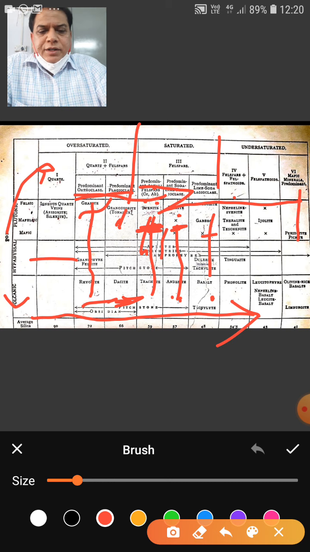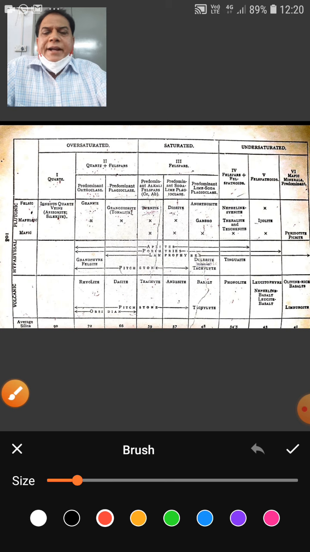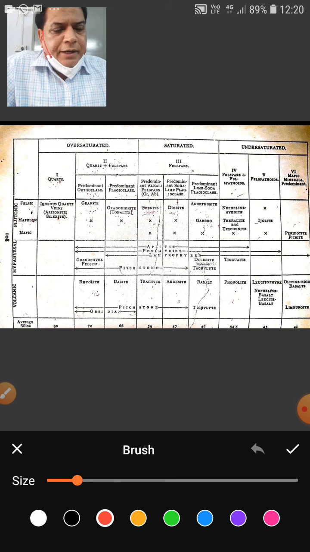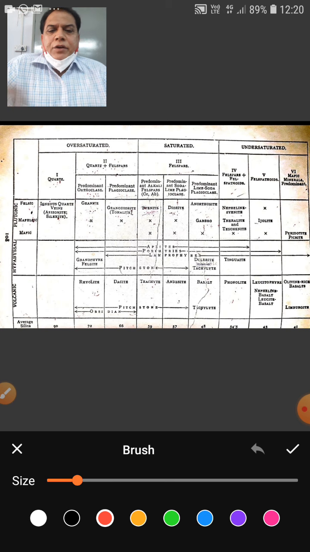This is so beautifully planned and tabulated that one gets clear concepts regarding the different names of rocks, which have been pigeonholed on the basis of different parameters, and the conformity between the different parameters, because if a rock has more silica, naturally it will have quartz. If a rock has less silica, the question of quartz as essential mineral doesn't arise.